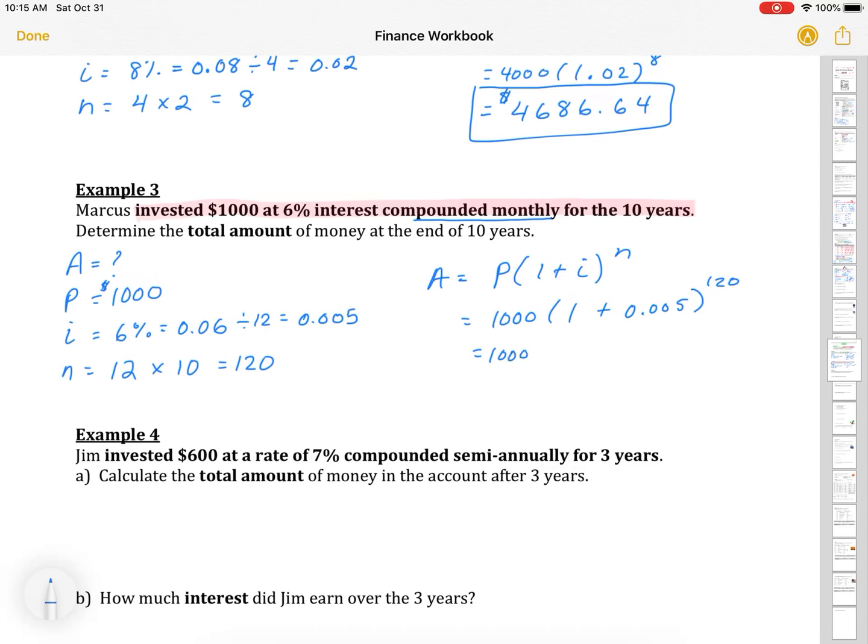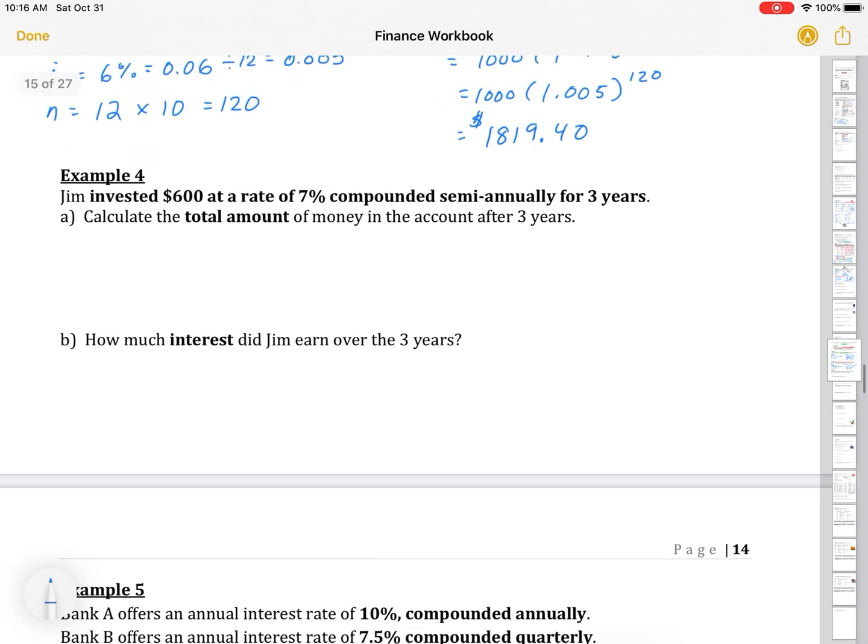Let's add in the brackets, 1.005 to the 120. Let's put that in our calculators and we get 1819.40. Okay. And again, if we wanted to figure out the interest, we could just subtract the initial amount invested. Okay. Example number 4.